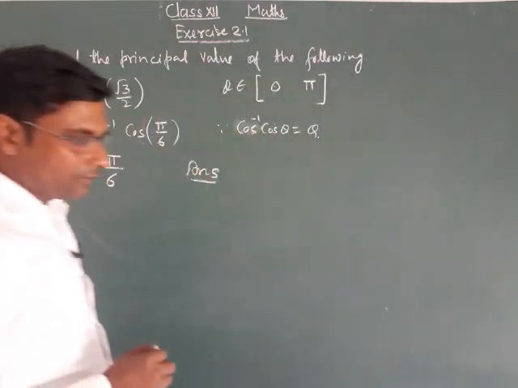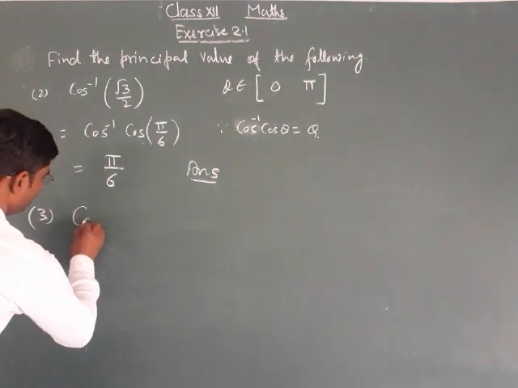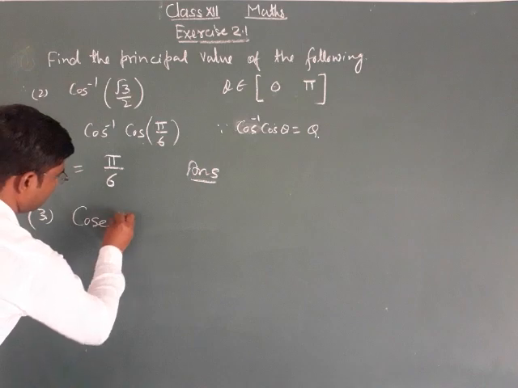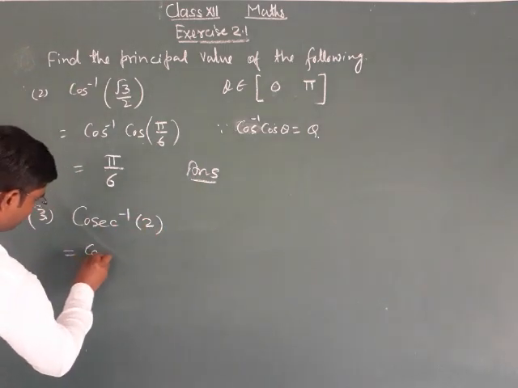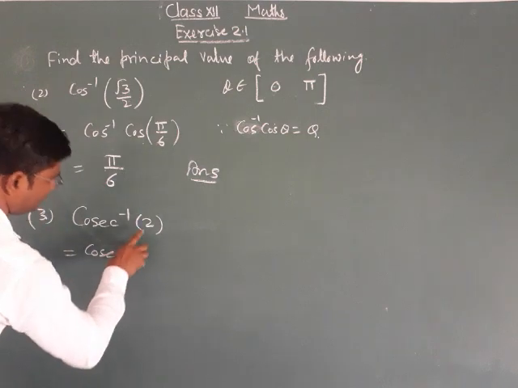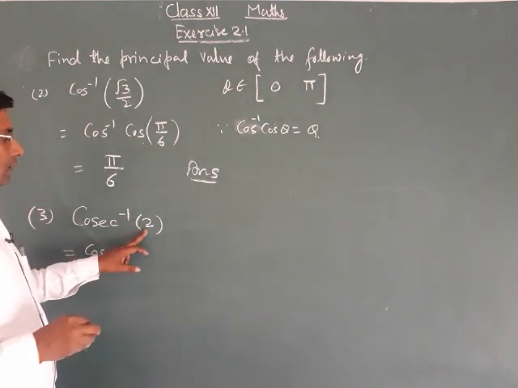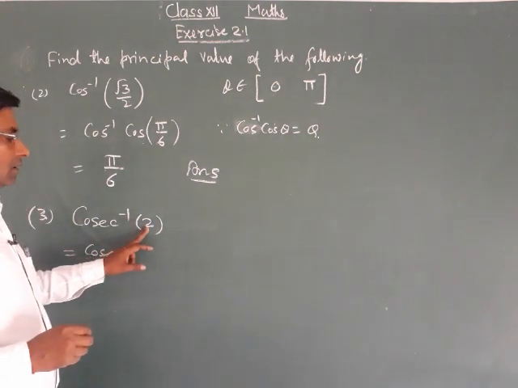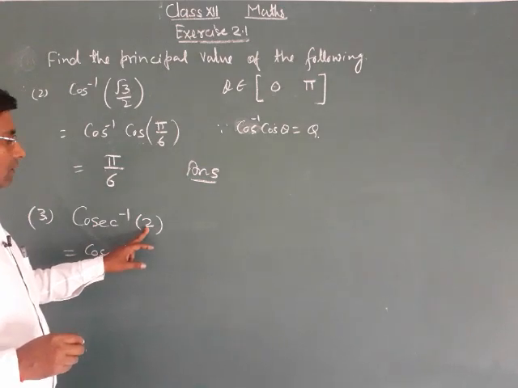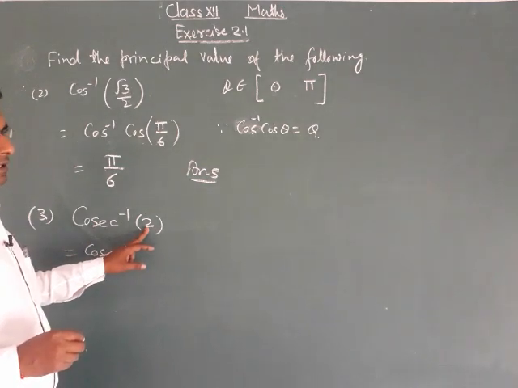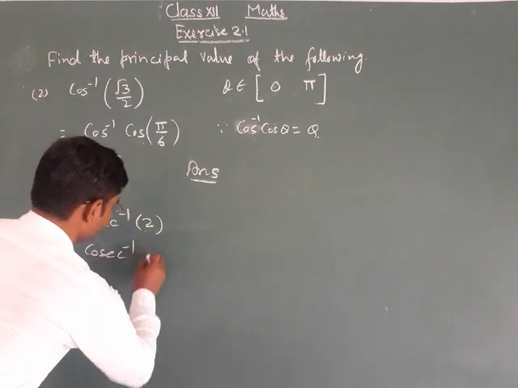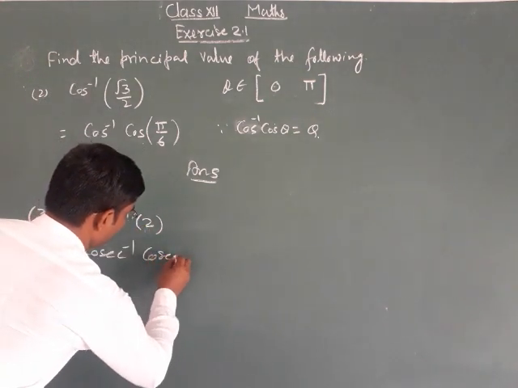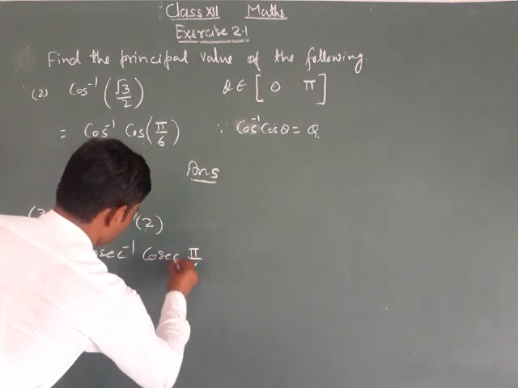Question number 3: cosec inverse 2. Cosec inverse 2 means cosec 30. Cosec 30, changing into radian, is pi by 6.